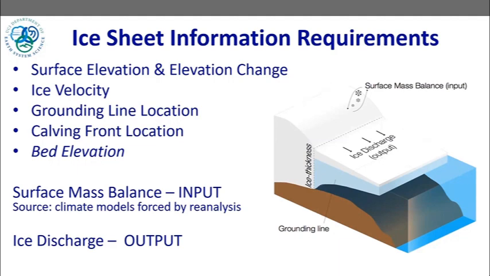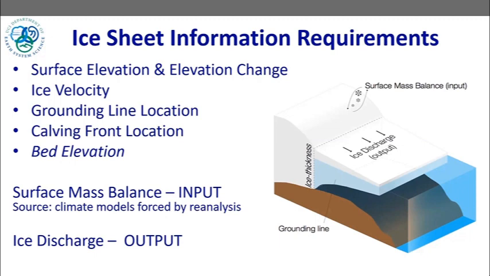I put these here in particular because we are looking at observables that directly or indirectly can be measured with synthetic aperture radar. The first one, elevation change, needs a specific SAR mission to do that. And bed elevation is a derived product based on ice velocity and other inputs. So that's why I put it in italics.